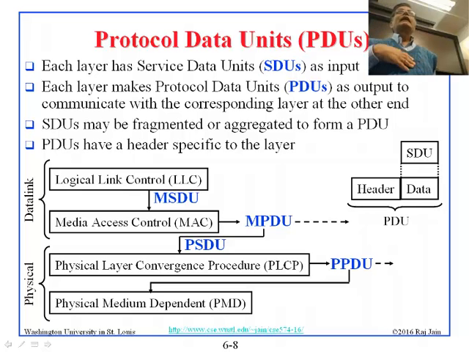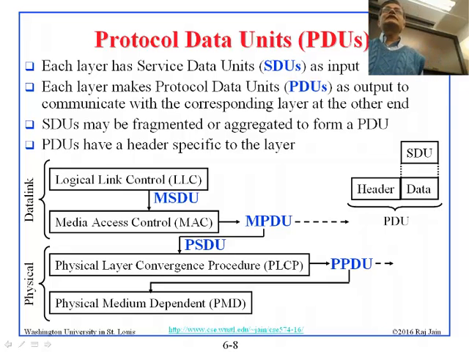The packet actually doesn't say which layer it belongs to. So the packet is very confusing. But if you say datagram, then in the TCP/IP world, datagram means IP packet. A TCP packet is called a segment.